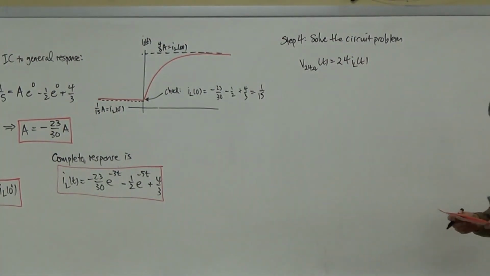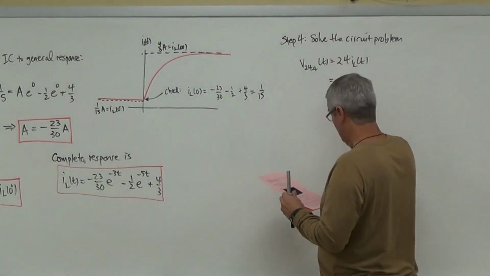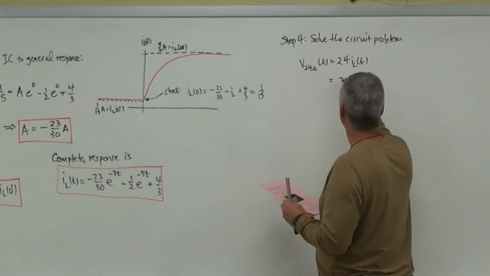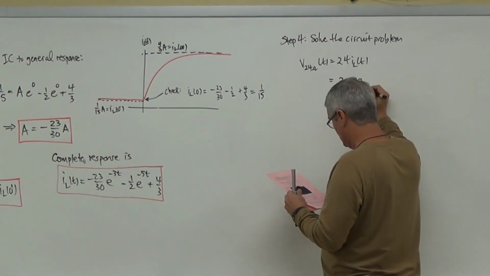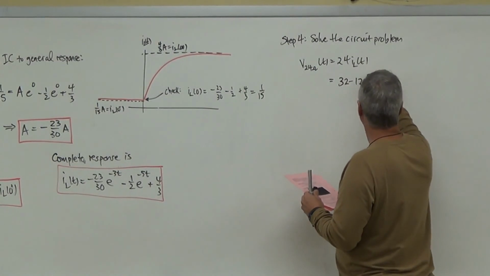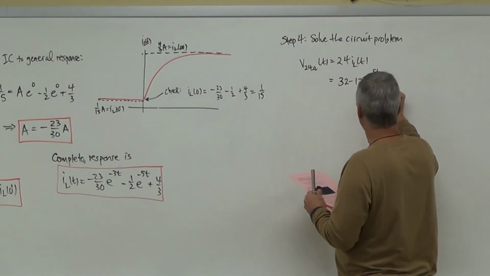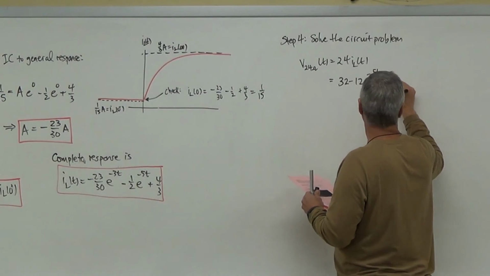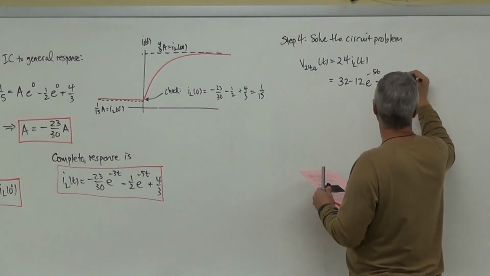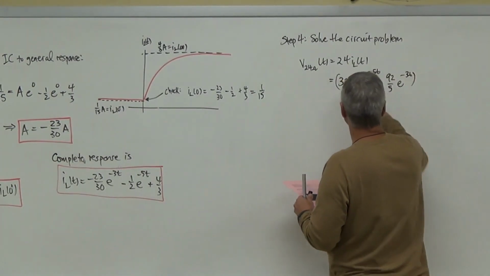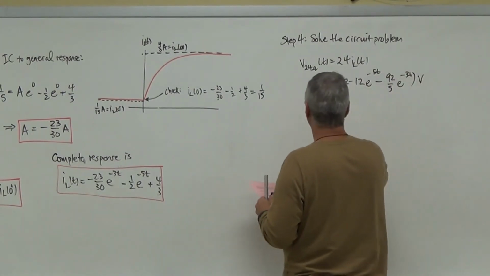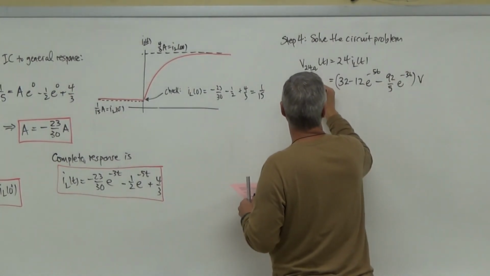And that solution gives me some value here, and if you calculate this value, you get 32 minus 12 e to the minus 5t, and then you get a number of minus 92 over 5 e to the minus 3t volts, and you can see that this is how I get this back.